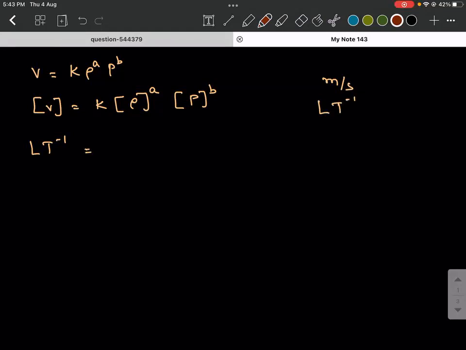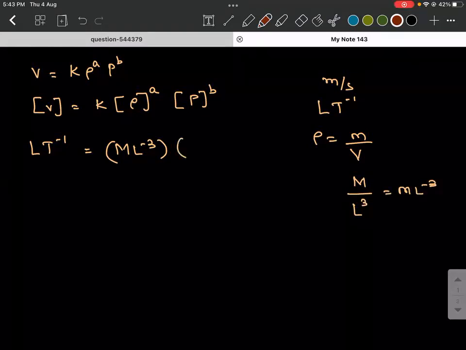So L T minus 1 is equal to, what is the formula for density? What is density? It is mass by volume, right? So mass is M, volume is measured in L cube. So M divided by L cube, or ML minus 3, into, how is pressure measured? What is pressure?